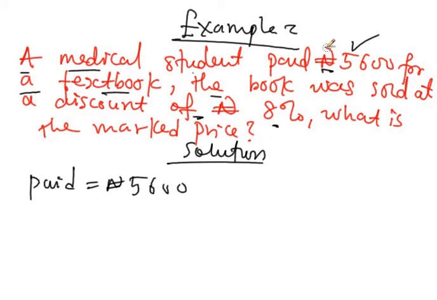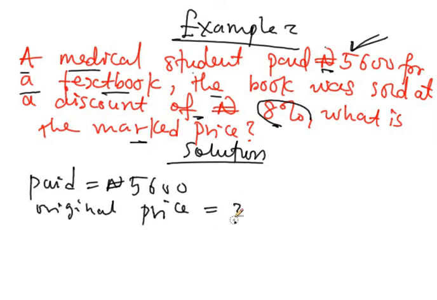So this 5,600 is the discounted price. What is the marked price? That means the original price. We are asked for the original price. This wasn't the original price of the book. So we are asked for the original price, right?